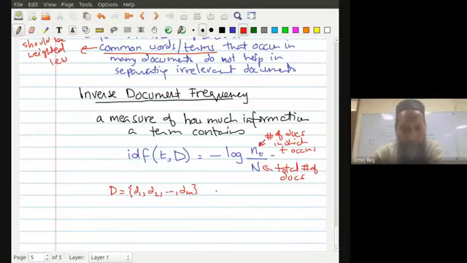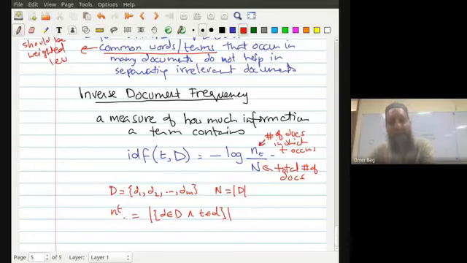And this N is essentially the size of this D, where N of T is the number of documents in which this term T occurs, just written formally.